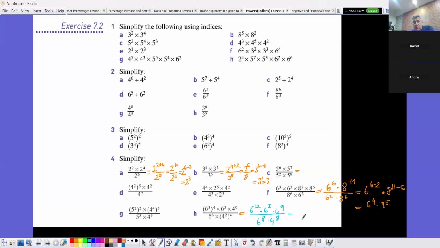Then the result is going to be equal to 6 to the power of 12 times 6 to the power of 3 is 6 to the power of 15 times 4 to the power of 9 divided by 6 to the power of 8 times 4 to the power of 8.